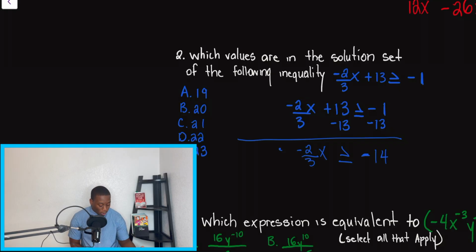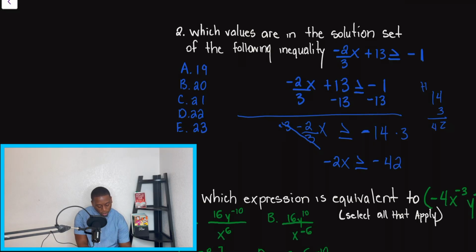And now what I'm going to do is multiply by 3 so that we can get rid of our fraction, right? And once we multiply, let's just make sure this is right. We're going to get negative 2x is greater than or equal to negative 42.